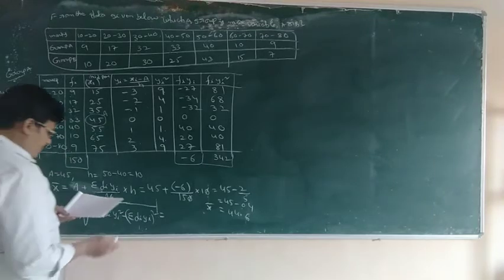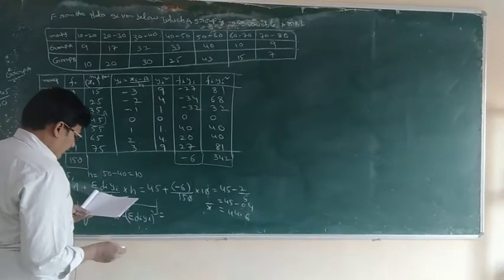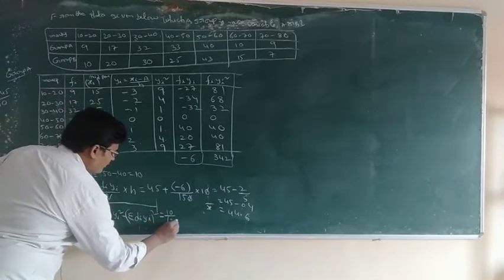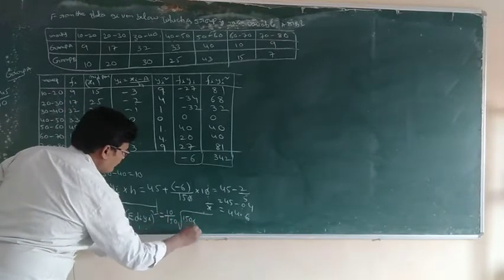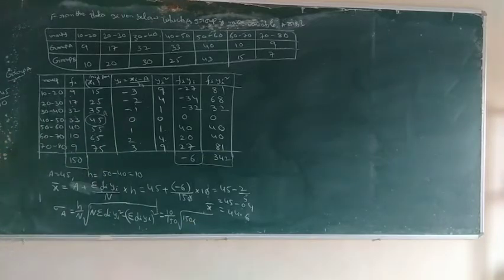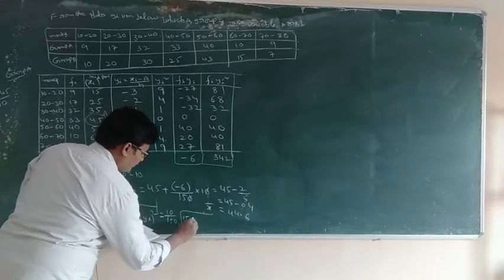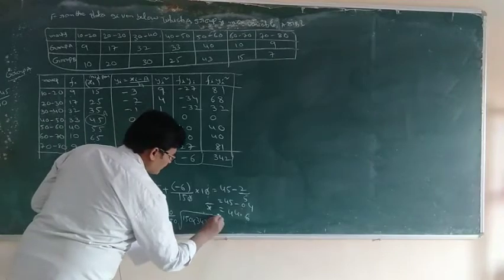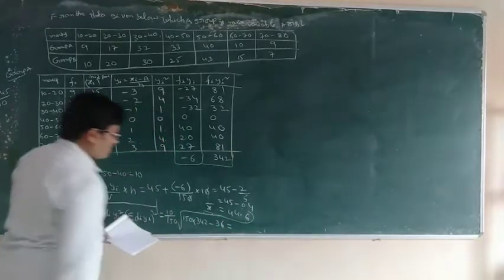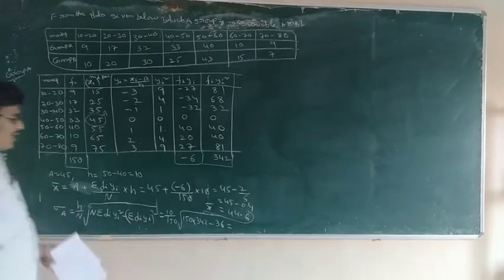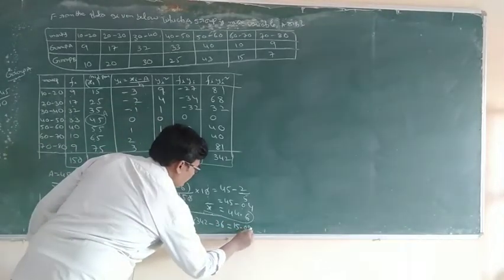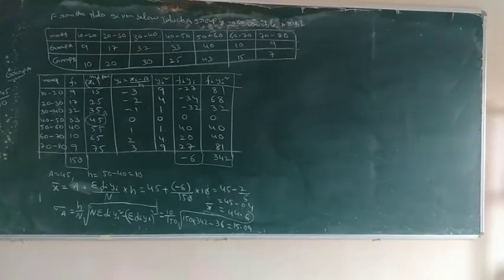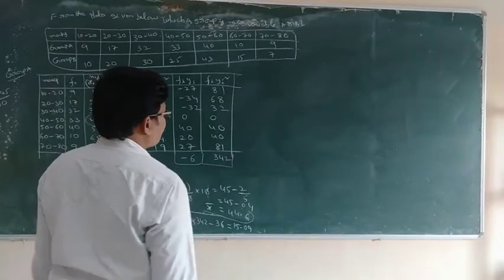So 10 by 150 into root of 150 into 342 minus 6 whole square, 36. We have to calculate this using a simple calculator. So the value is 15.09. There is no gap. So coefficient of variation.